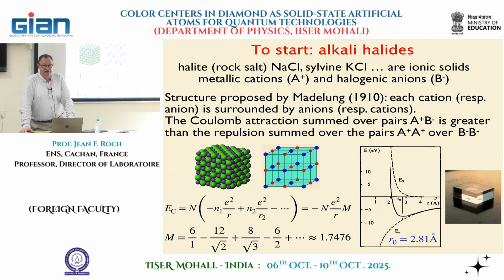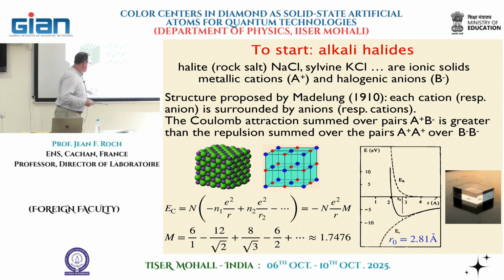You certainly have done this as an exercise, which was proposed by Madelung. It does not require any quantum mechanics. It's just taking into account that each cation and, respectively, each anion is surrounded by different anions in the neighborhood. And then you sum all the Coulomb interactions between the pairs. And then you have this kind of series.